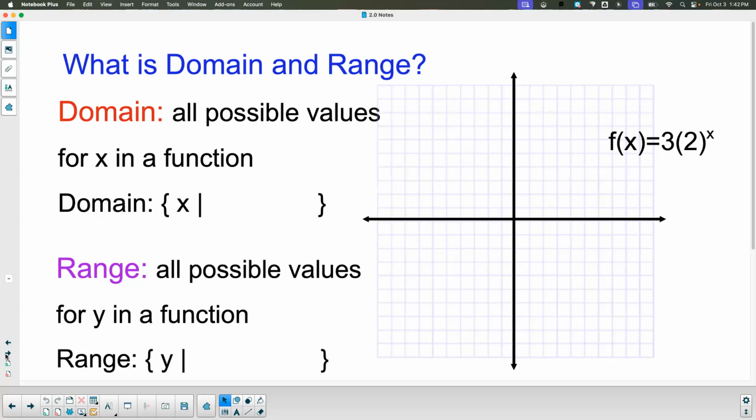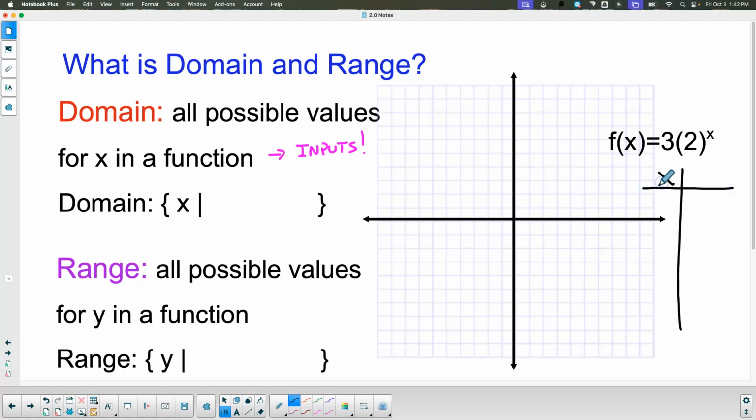Okay? So the domain is all the possible values of the x, okay? The inputs, if you will. Domain is inputs, okay? So if I were to have this function right here, I would plug in different values for x.